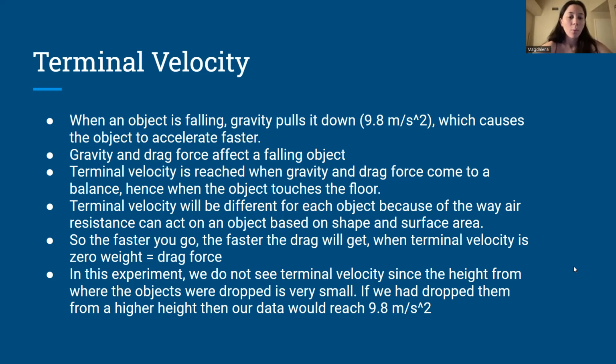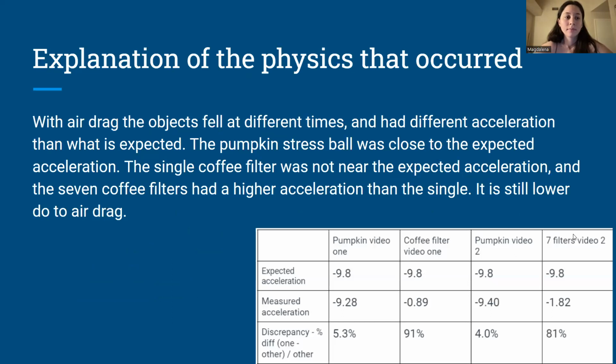In this experiment, we do not see terminal velocity since the height from where the objects were dropped is very small. If we had dropped them from a higher height, then our data would reach 9.8 meters per second squared. So with air drag, the objects fell at different times and had different accelerations than we expected.